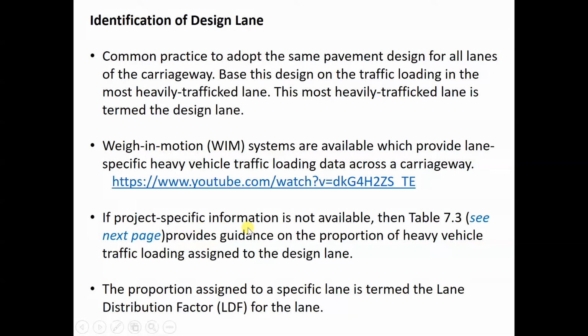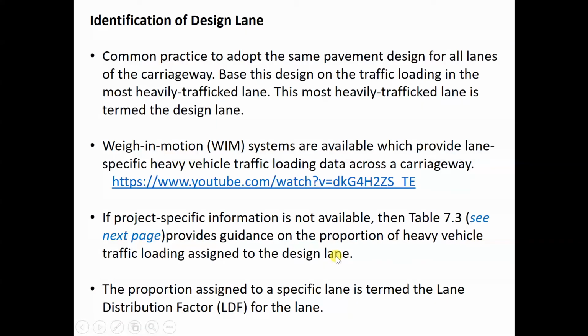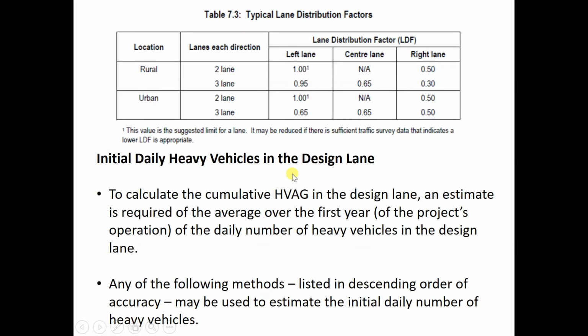If project specific information is available, then this table 7.3 provides guidance on the proportion of heavy vehicle traffic loading in the design traffic lane. So if you have this WIM, they can find out the proportion of the traffic in the different lanes. If not, then we base it on this one.